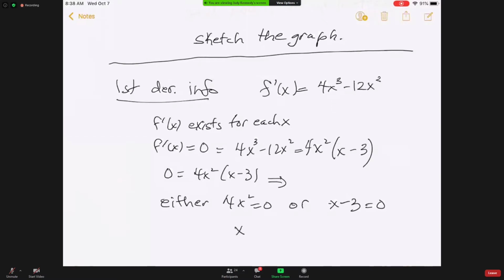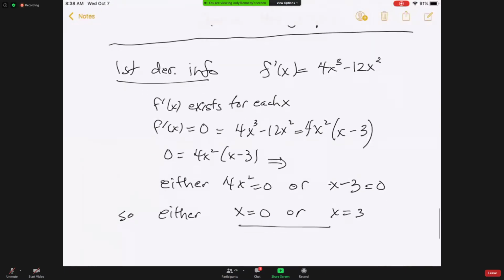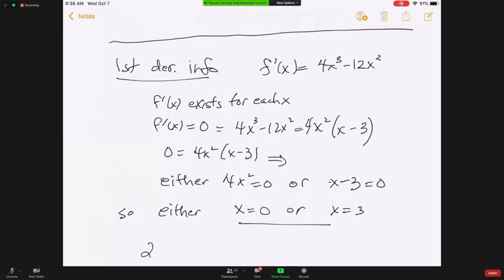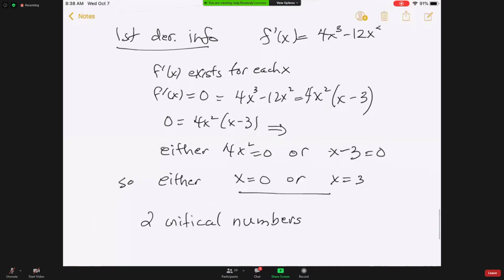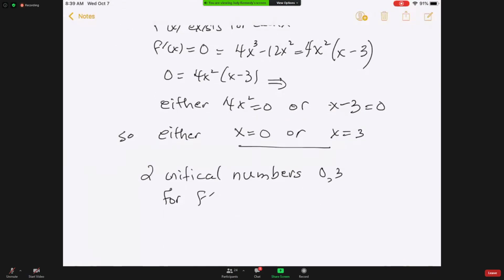The first one says x is 0 or x is 3. Okay, so we have two critical numbers, and they are 0 and 3. And this is for the first derivative. Okay.